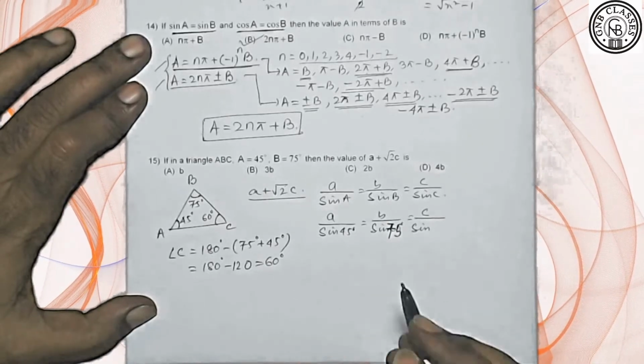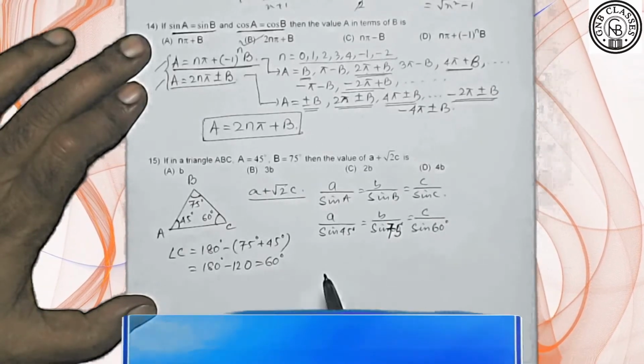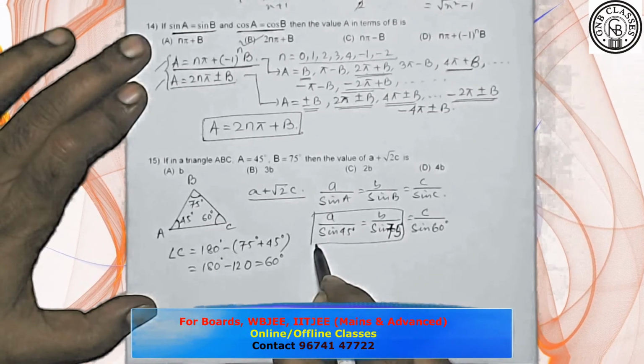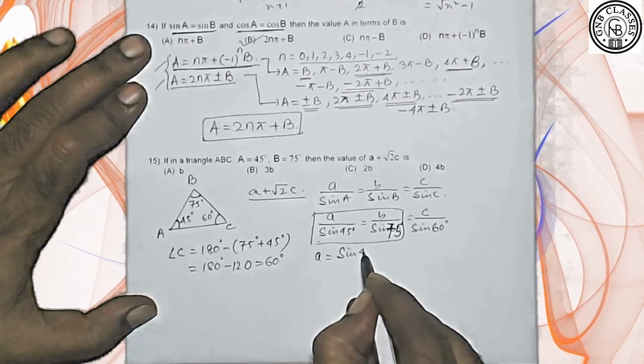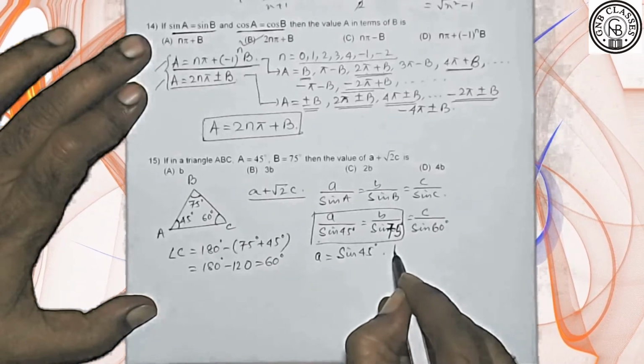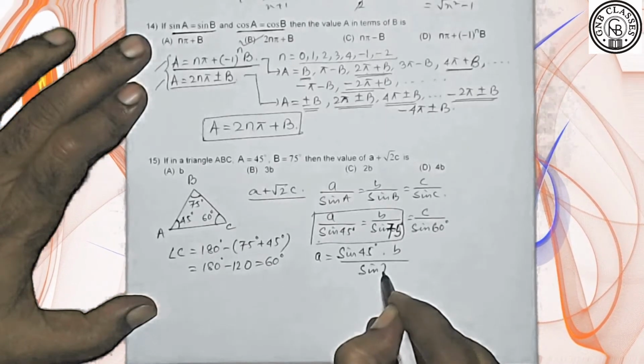Angle B is 75. Now, from these two, what are we getting? A equals sine 45 times B by sine 75.